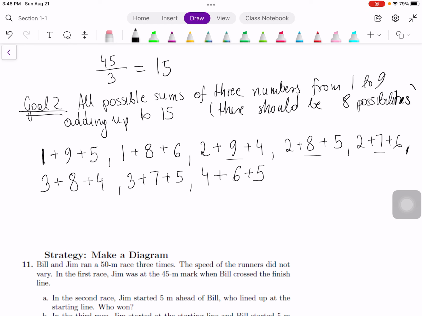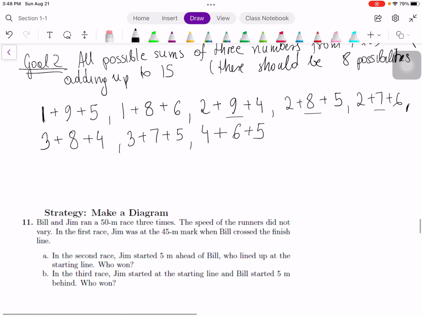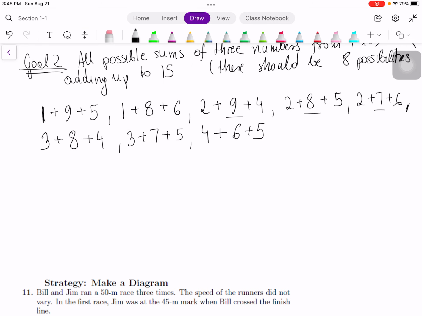I don't have to even look any farther, because I know there are 8 possible sums and I already have them. So that tells me that I'm done. Okay, so I listed all, and now I have to put those possible sums appropriately in this magic square.